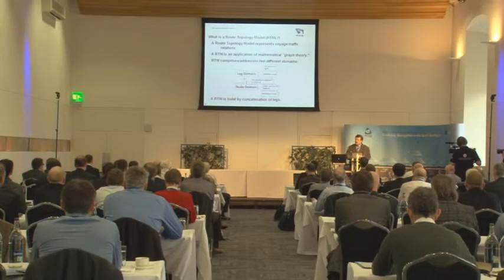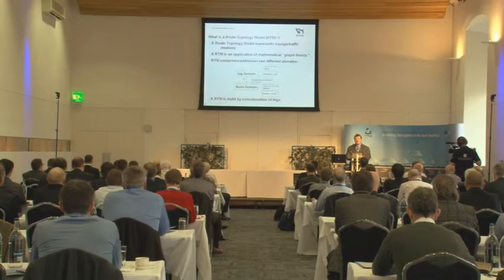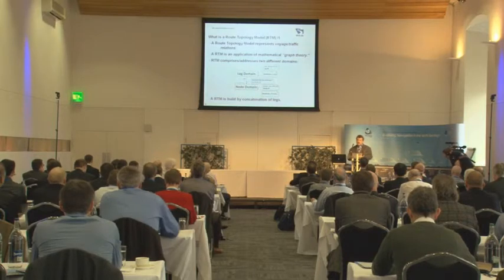Let's start with what it is. It's a model, an abstract thing, which represents voyage and traffic relations. So it's in the mathematical domain, the abstract domain, the data domain, if you will. And by introducing this thing, we apply a long-standing, well-developed theory of mathematics, which is called graph theory.